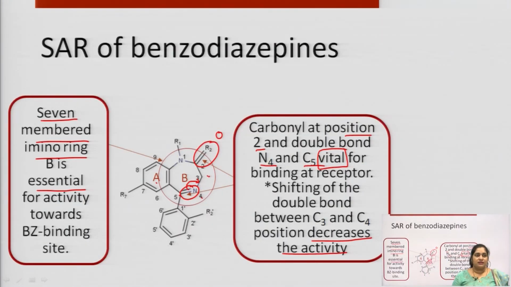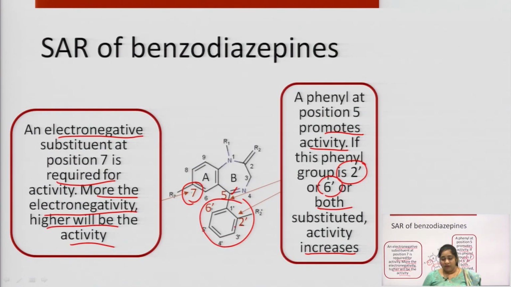So, there is a structure activity relationship. First of all, this 7-membered ring is essential. Second, the carbonyl at position number 2 is also mandatory for benzodiazepine activity as a sedative hypnotic. Further, the double bond between nitrogen number 4 and carbon number 5 is also essential; if we shift its position, the activity decreases.